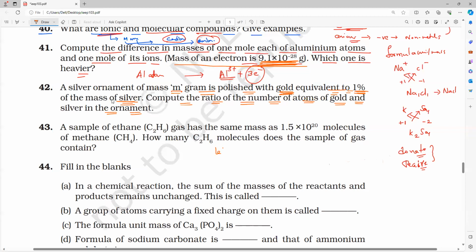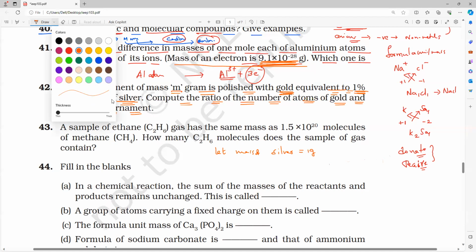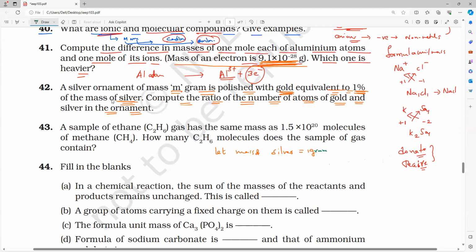So let the mass of silver be, how many grams do you want? Shall we go with 1 gram, everybody? Yes. So let the mass of silver be 1 gram. Now, how much is the gold mass?